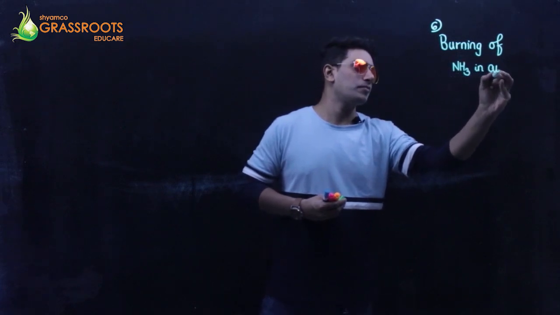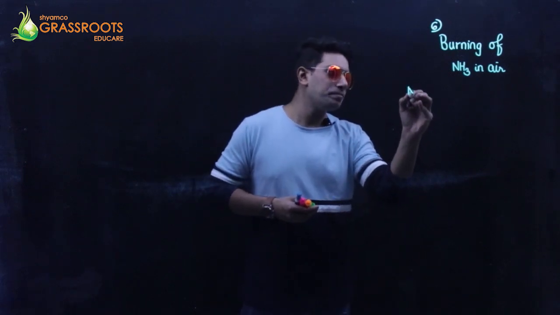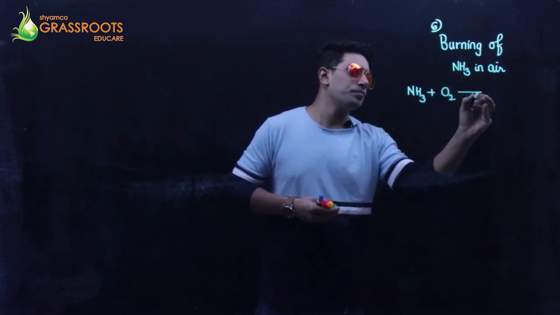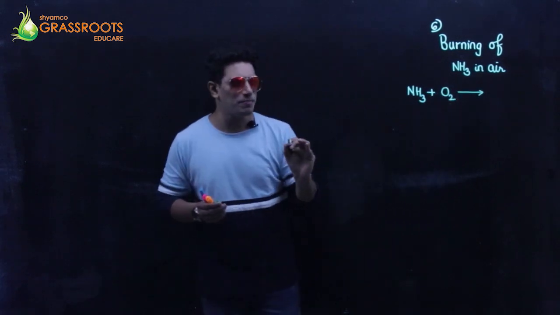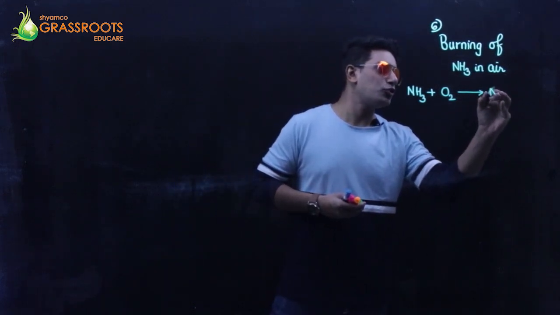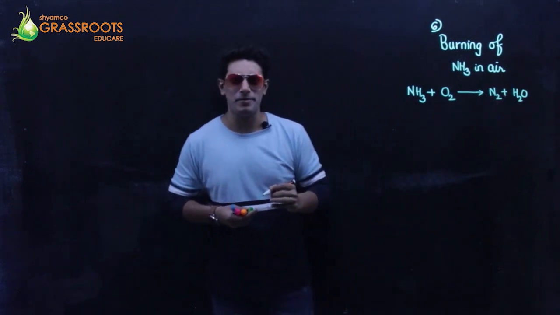in air or oxygen. So we have ammonia NH3 plus O2. Nothing on the arrow, just simple burning of ammonia. It gives me nitrogen plus water. Now this is an experiment, students.